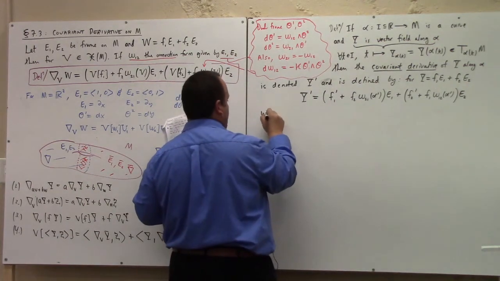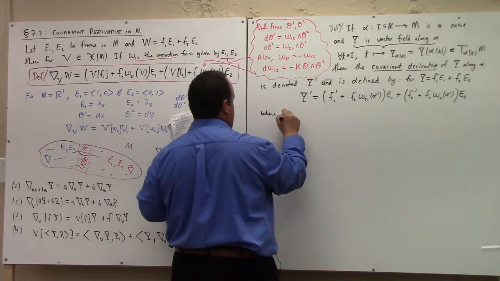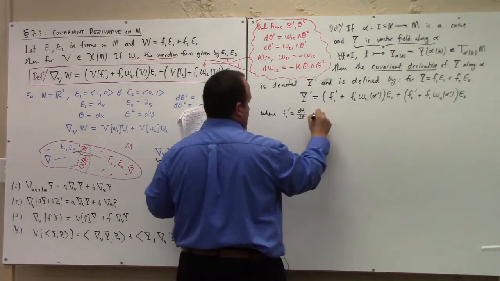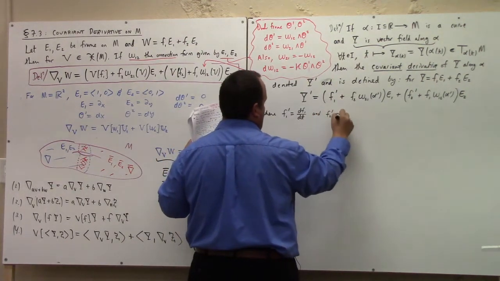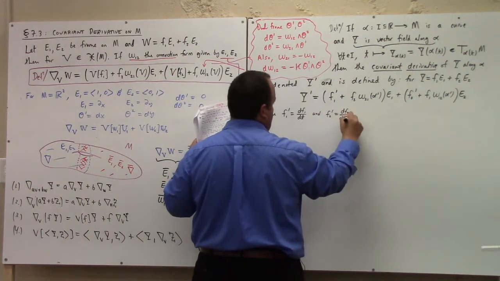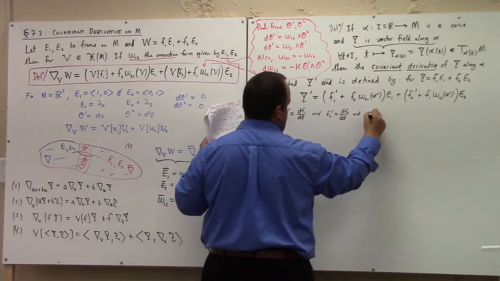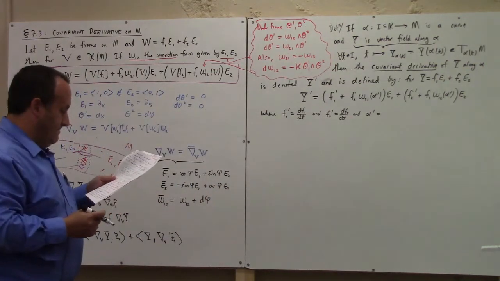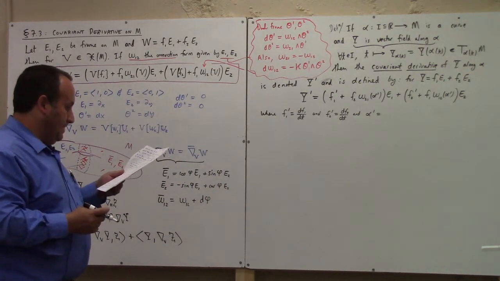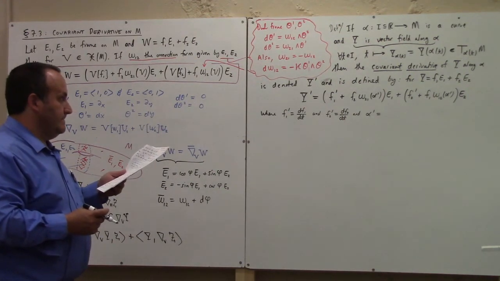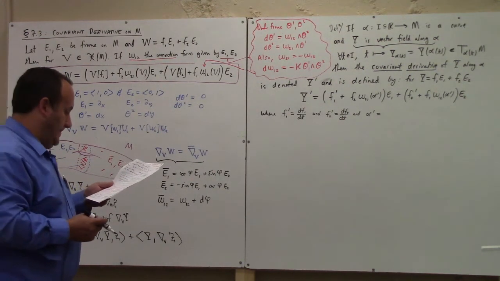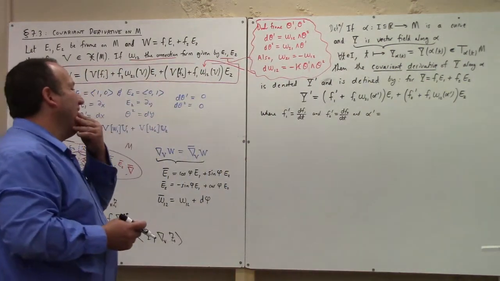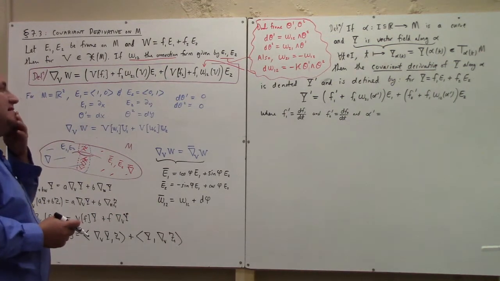Where F1 prime is dF1 dt, and F2 prime is dF2 dt, and what's alpha prime equal to? Yeah, I mean, you could say it's d alpha dt.